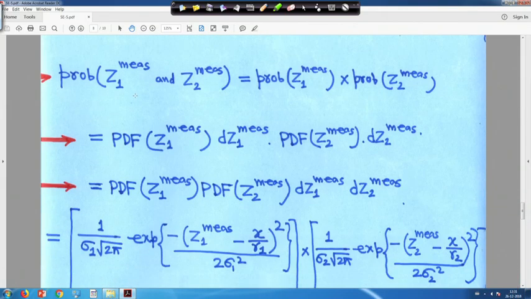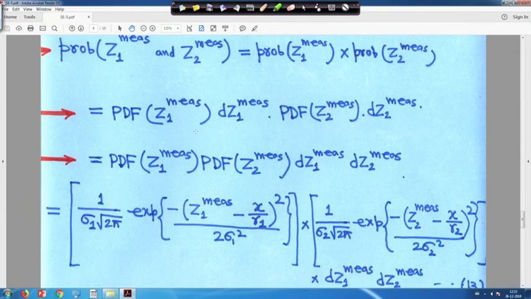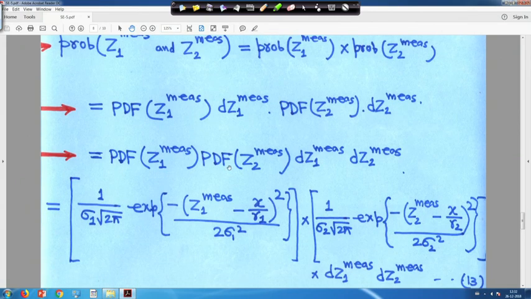Earlier we have seen that the probability of z measure is in general PDF of z measure times dz measure. So this can be written as PDF z1 measure dz1 measure times PDF z2 measure dz2 measure, or PDF z1 measure times PDF z2 measure, then dz1 measure times dz2 measure.